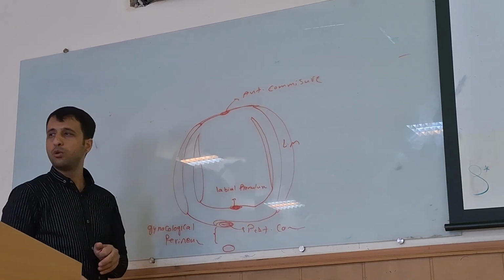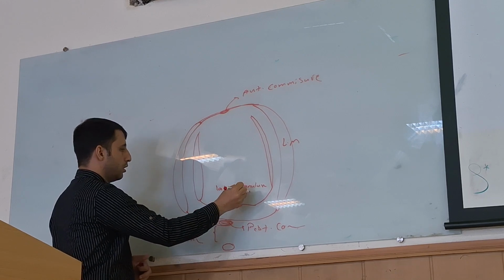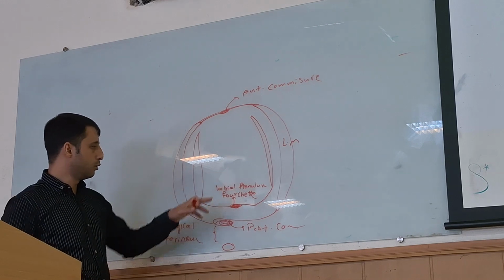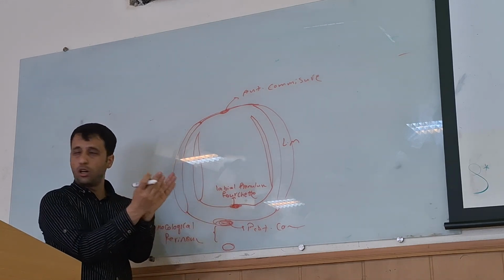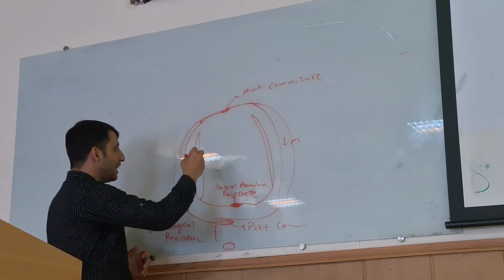Labial frenulum is also named fourchette, the attaching of the posterior part of the labia minora.